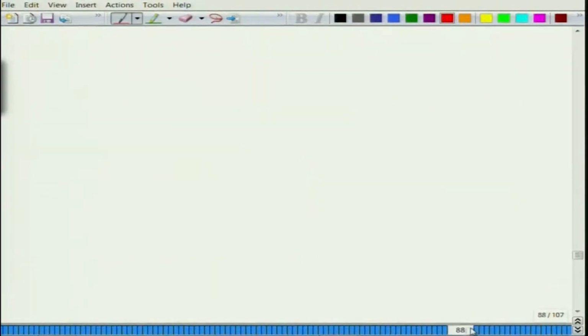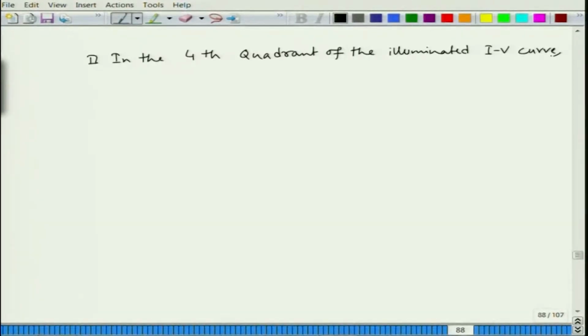Now, if you look at this curve a little more closely, then you can see that in the fourth quadrant of the illuminated IV curve, we have positive voltage, right, and negative current, right.